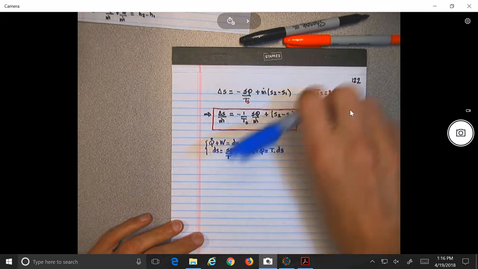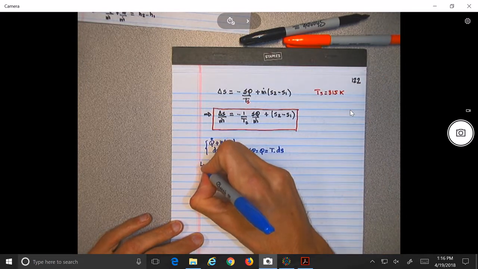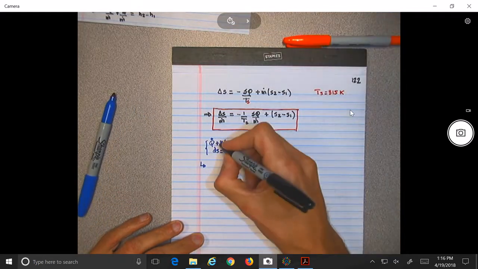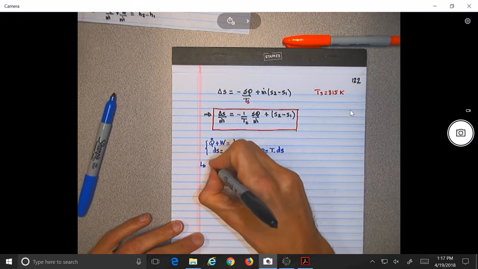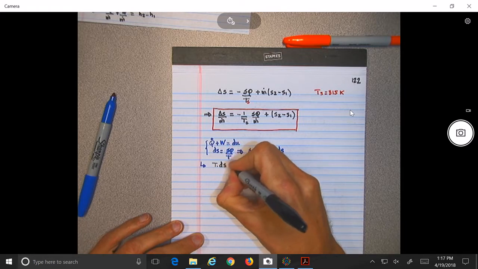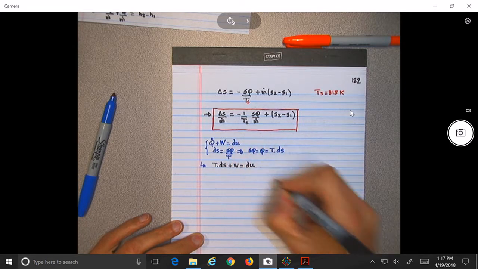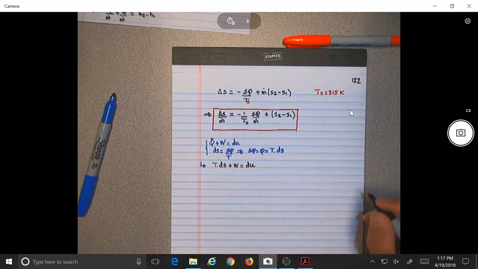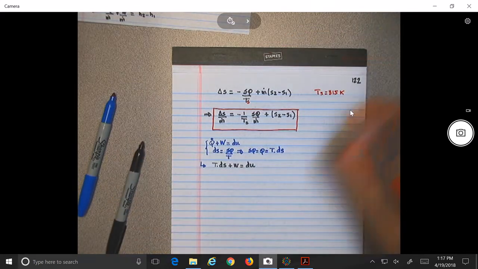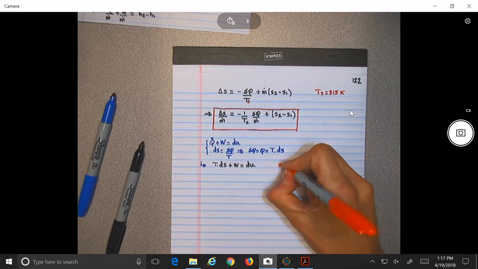So if I do that, this equation over here becomes what? TDS plus work equal to change in internal energy. Okay? So what is the work done by the pressure?